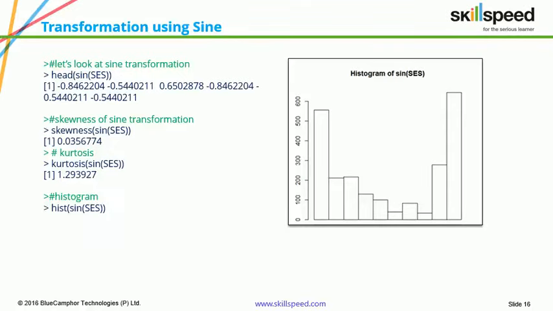Let's look at the histogram. Histogram tells that this transformation is not good at all because it is not really that symmetric or mesokurtic or normal distribution way. In fact, the values are scattered and are away from the mean and the median values.